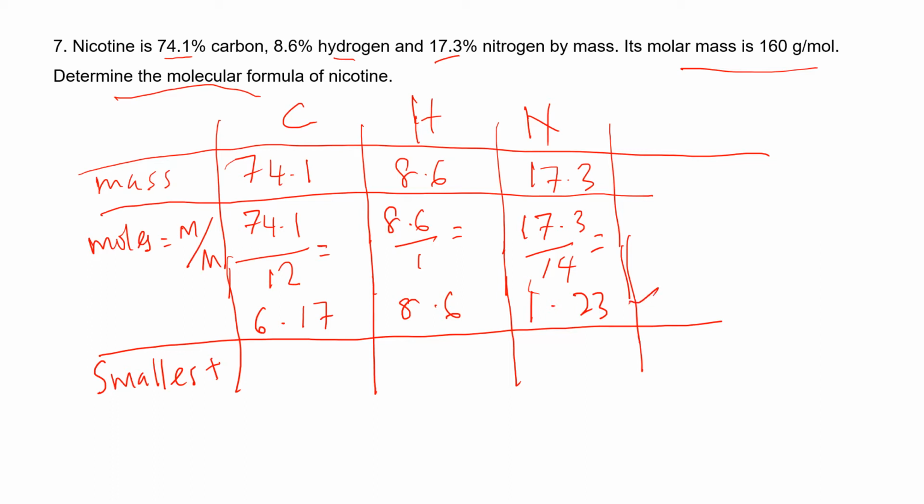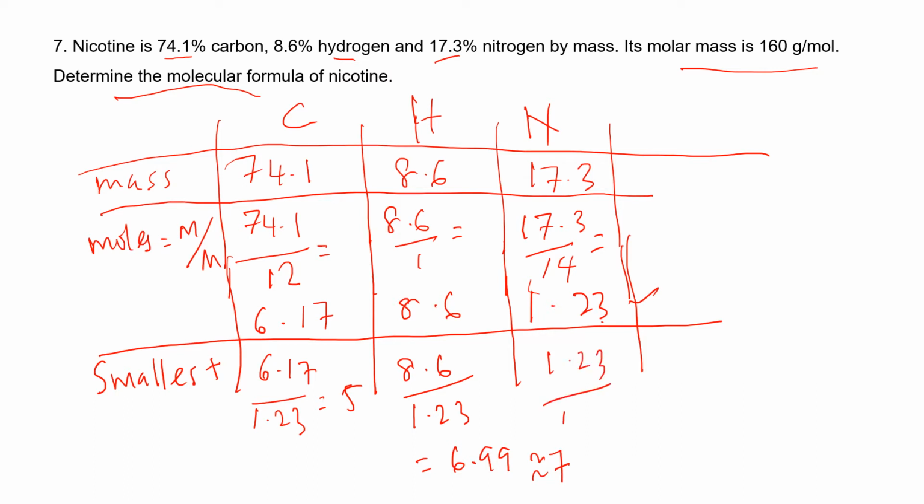So you divide all these numbers by the smallest number of moles. 6.17 divided by 1.23, you get 5. 8.6 divided by 1.23, you get 6.99, or 7. And 1.23 divided by 1.23 is 1.